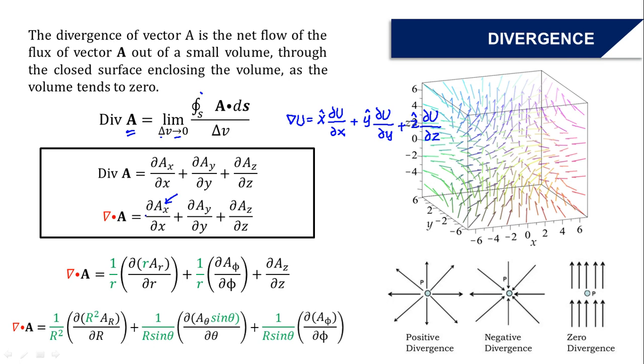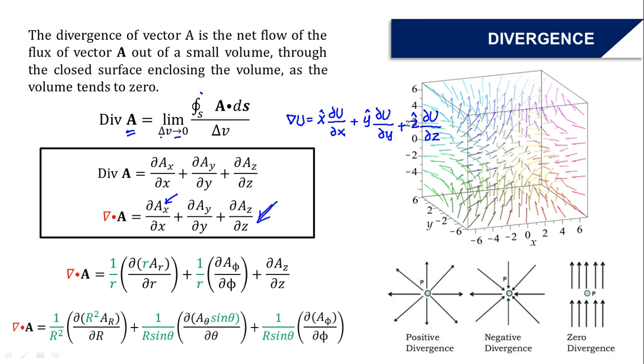So, in this case, a sub x with respect to x plus the partial derivative ng a sub y with respect to y plus the partial derivative ng a sub z with respect to z. Sa Cartesian coordinates, napakasimple ng ating formula. So isasum lang natin yan and that is our divergence of vector A.